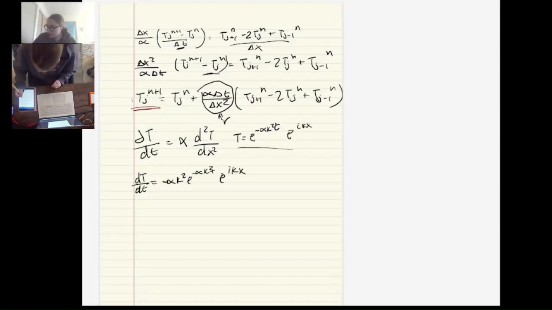Okay. So what we know is this here is T, so we can just plug that in again. So dT over dt is equal to negative alpha k squared, and that's going to be equal to T. So let's do dT over dx, right? That's going to be the next one.